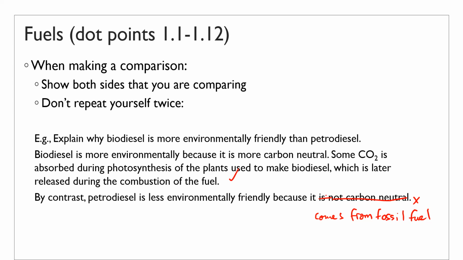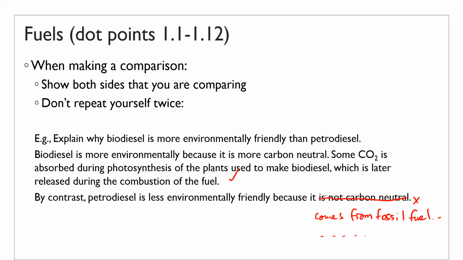So try to avoid saying that something is good because the other, which has the opposite property, is bad, if possible. This is probably not the end. You want to continue, but you want to tell me what not being carbon neutral is. Don't just assume that I can just flip the first bit that you say.